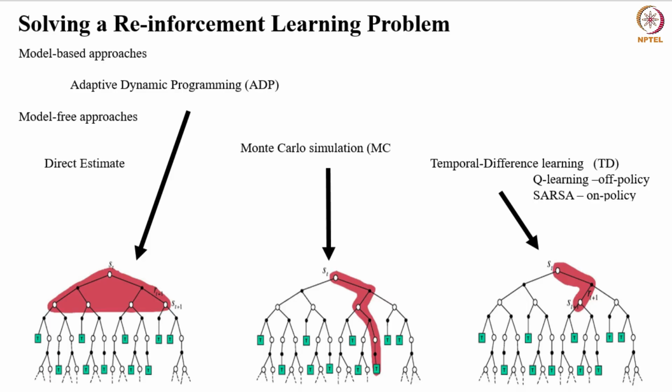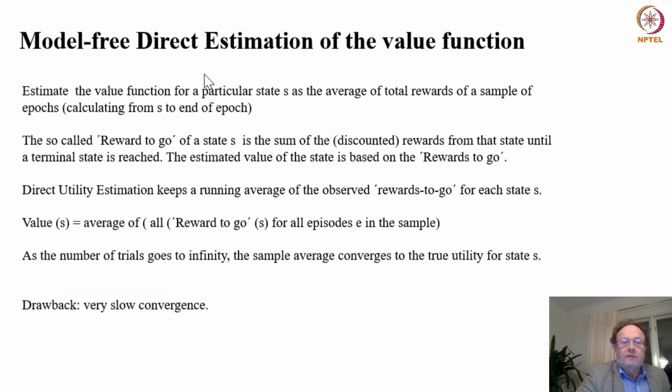In contrast to that, the temporal difference methods still follow a specific path, but in a more shallow fashion, not always following up the whole episode, rather looking at pairs of states and the differences between pairs of states.